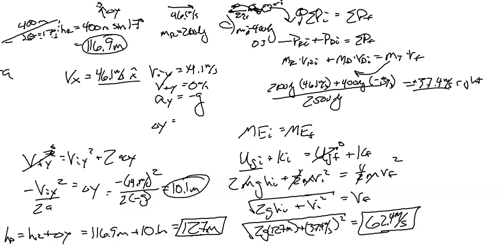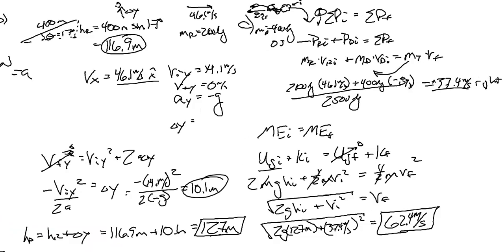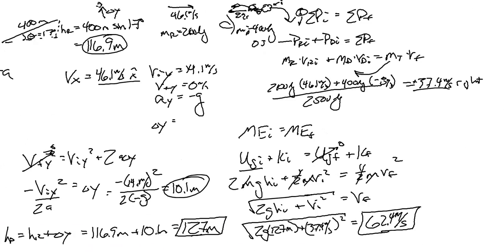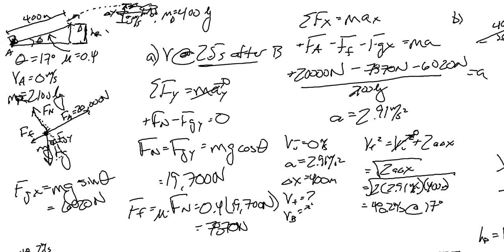So part D says we want to know the horizontal distance delta x from the end of the ramp to where the total mass ends. Now, usually this will just be one big path, and so I could usually just do one 2D kinematics problem. The issue is I got this whole collision thing that happened right here at the top, and that's going to kind of mess things up just a little bit.